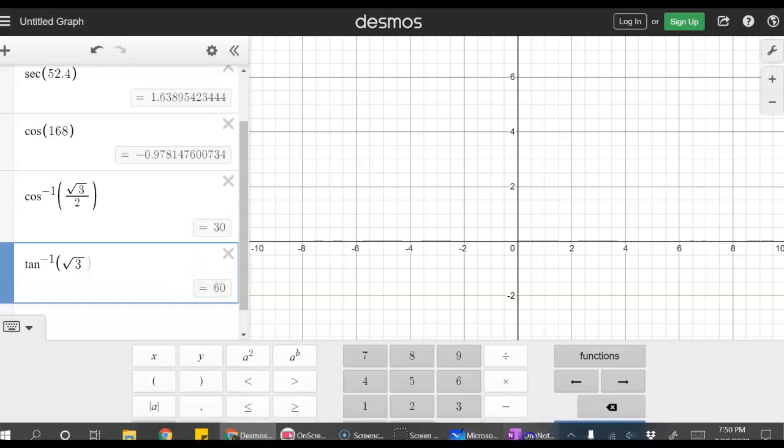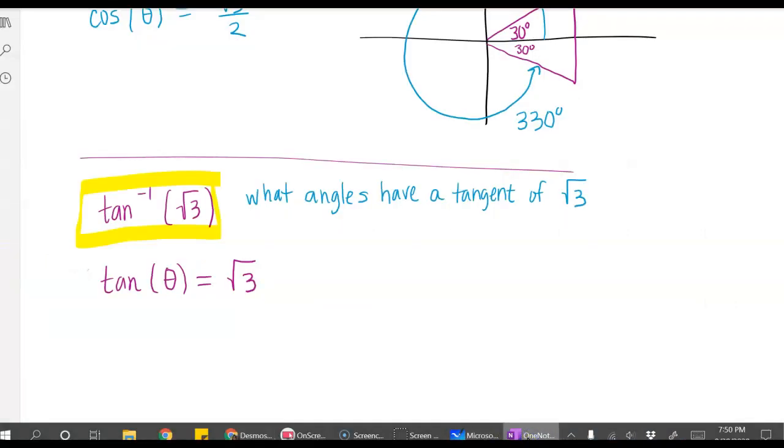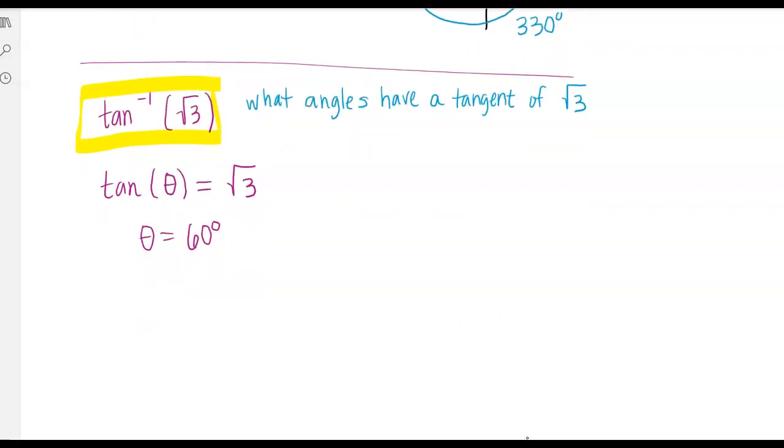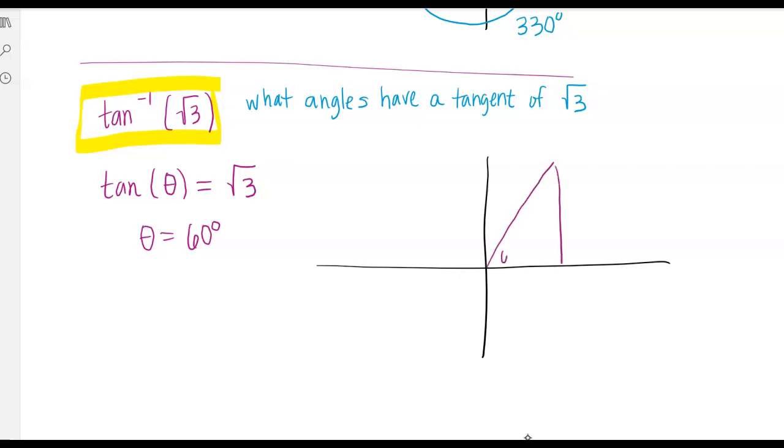It tells us that 60 degrees is one of the angles. So our angle is 60 degrees. We know that there's another answer somewhere. So we have a triangle here at 60 degrees. We need to figure out where the other answer is.